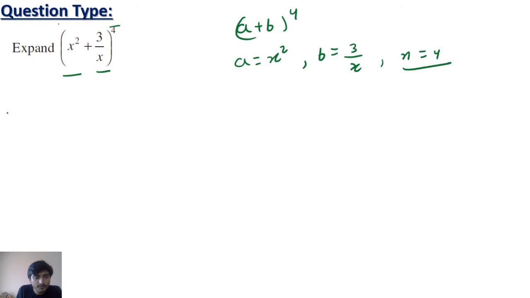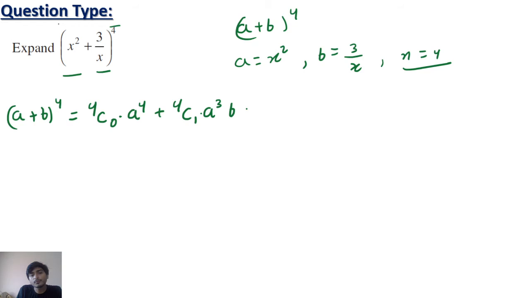If I put the formula of (a plus b) to the power 4, that will come as 4C0 a to the power 4 plus 4C1 a to the power 3 b to the power 1 plus 4C2 a to the power 2 b to the power 2 plus 4C3 a b to the power 3 plus 4C4 a to the power 0 b to the power 4.